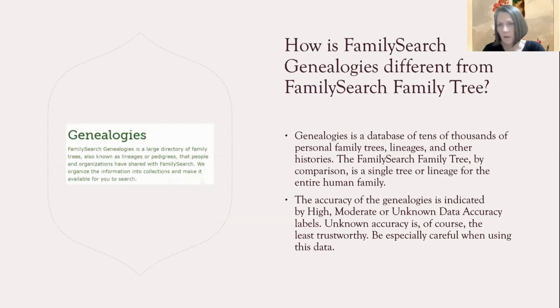Now, how is FamilySearch genealogies different from FamilySearch Family Tree? Well, they're both compiled genealogies. Okay, so FamilySearch Family Tree is a compiled genealogy in and of itself. It's been compiled from a bunch of different sources. A compiled genealogy, as you heard, is just a group of names, and oftentimes with sources to how those names are connected to each other, and they just go back and back and back in time.